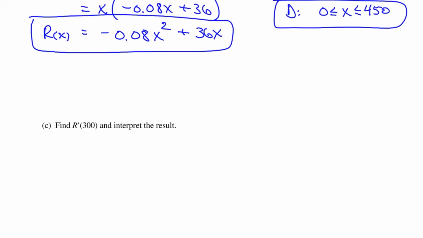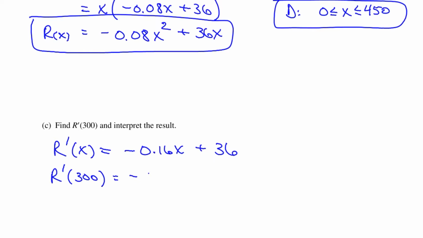Find R prime of 300 and interpret. So we'll take the derivative. So R prime of x is equal to negative 0.16x plus 36. Evaluate at 300. So plug in 300. And that's negative 12.